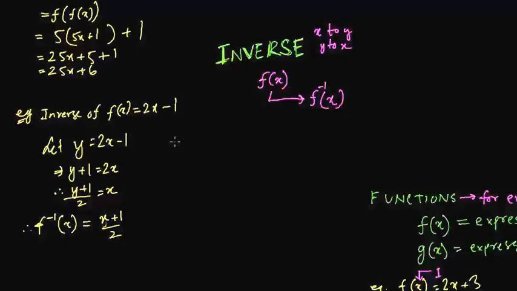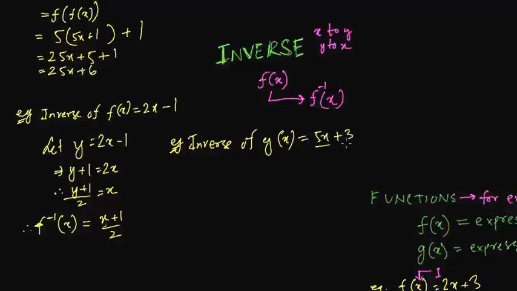Let's do another example, it will be even clearer. Find the inverse of g(x) = (5x + 3)/2. So the first step is let y = g(x), (5x + 3) divided by 2.